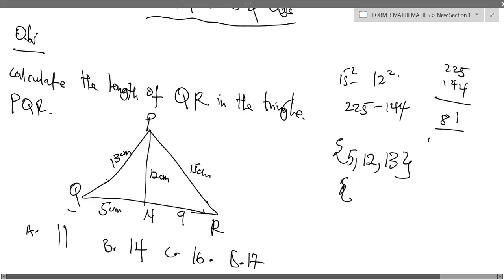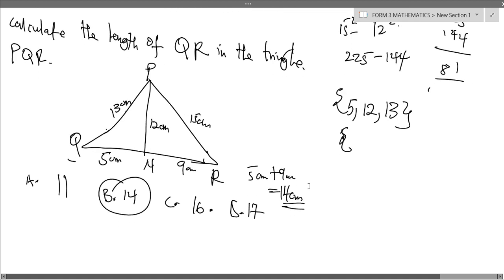So we have 9 here. Then this 5 centimeters plus 9 centimeters will give you 14 centimeters. Option B was 14 centimeters. So the answer is B, 14 centimeters. It's objective, so you just have to be quick.